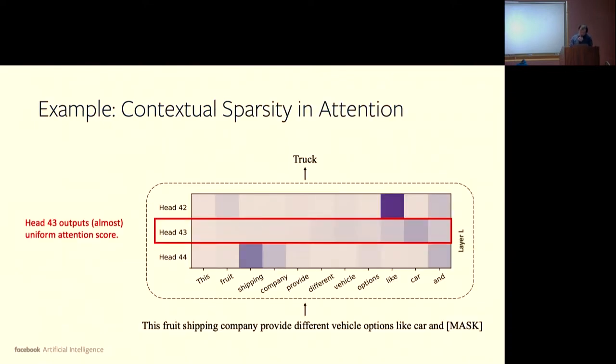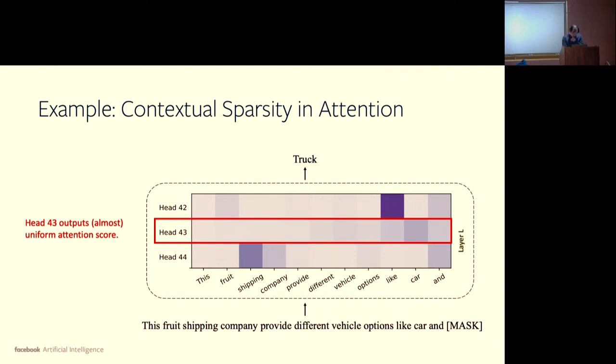So in order to solve this problem, we propose what is called Deja Vu. That paper basically tells you how we can predict which heads are not activated during feed-forward inference. For example, head 43 is not activated. It's basically giving you a uniform distribution across tokens, while heads 42 and 44 have very clear patterns and a very clear focus in their distributions.